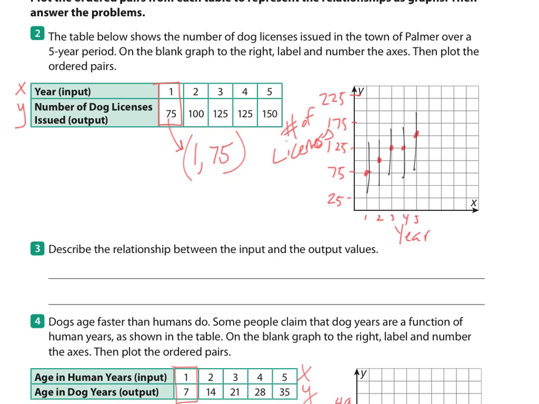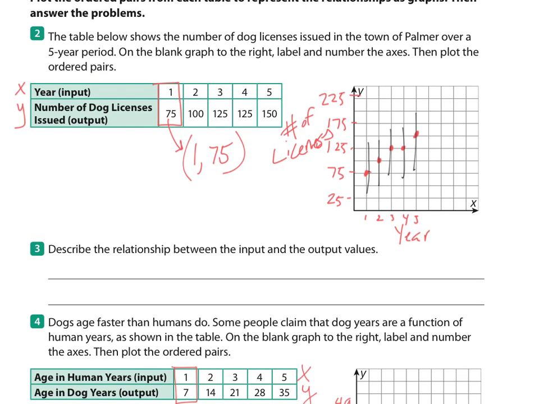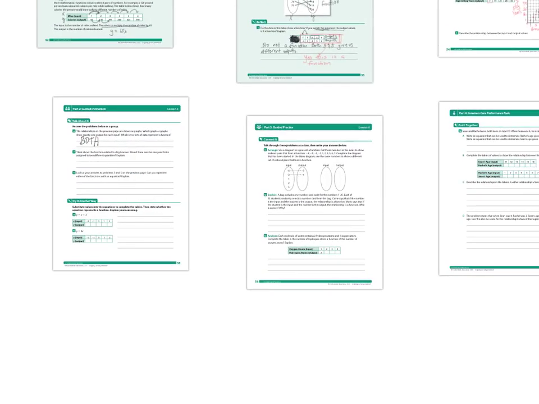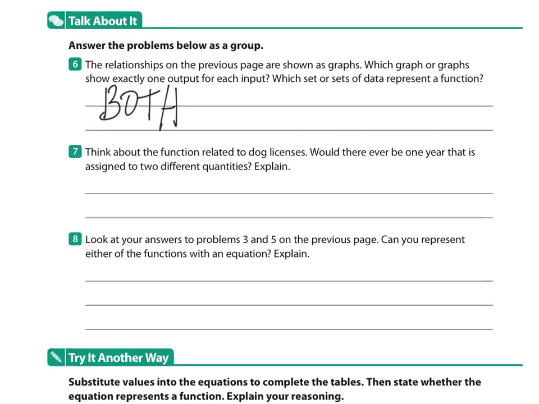Because it shows us right here that for year number 2, we only gave out 100 licenses. It's not like, hey, year 2 we gave out 100, and then magically somehow we had year 2 again, right? Year 2 didn't repeat. Year 2 then turned into year 3. So there's no way that we could do that. So let's write that in here.